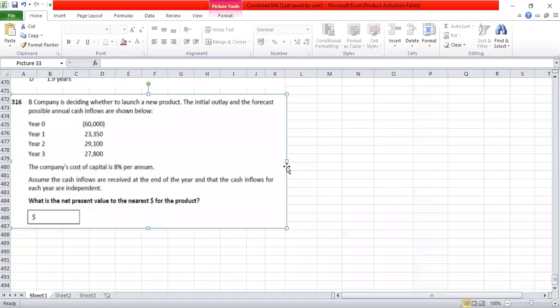B company is deciding whether to launch a new product. The initial outlay and the forecast possible annual cash inflows are shown below. Year zero is today. Today is called year zero. Now the present time is called zero.